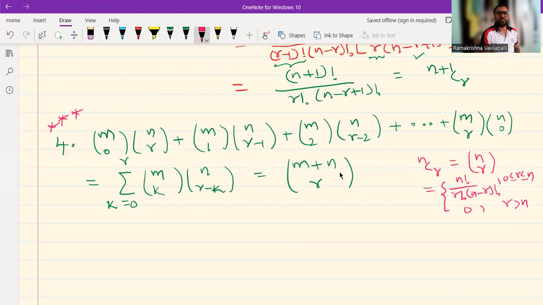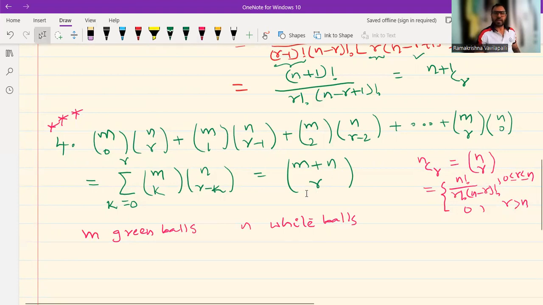Here you see, suppose there are m green balls and n white balls. We want to select r balls.